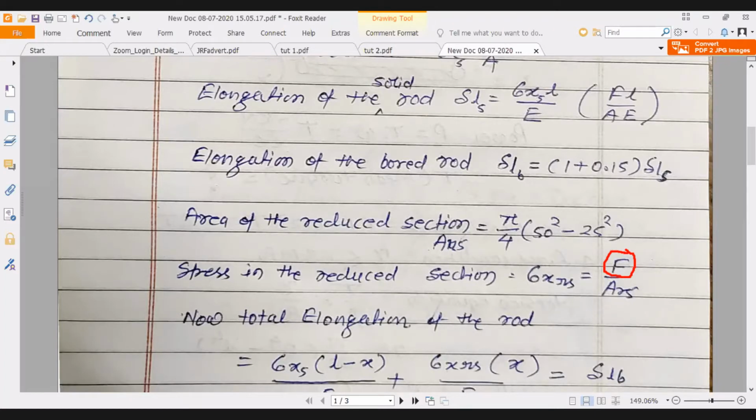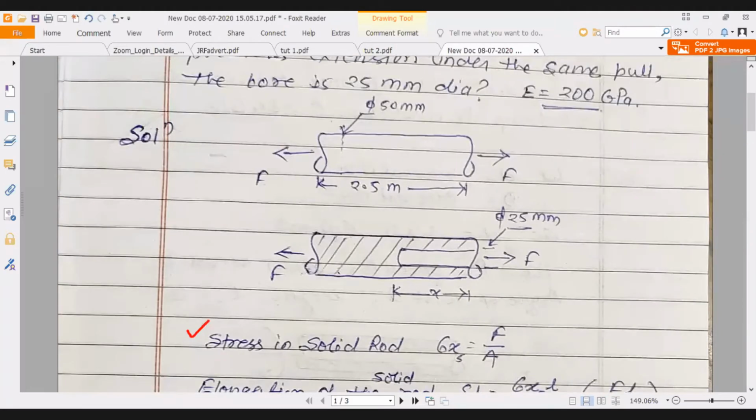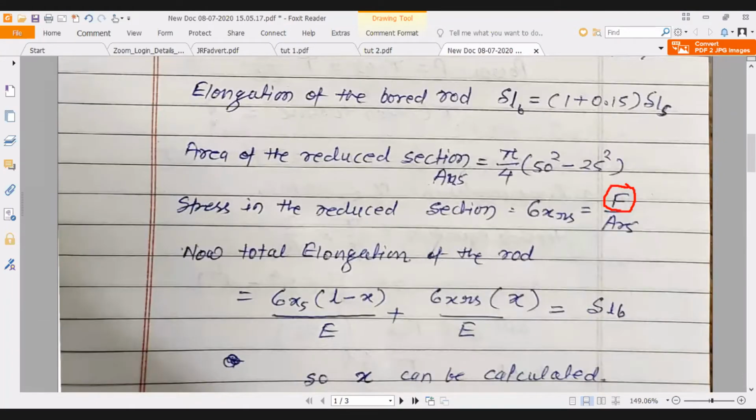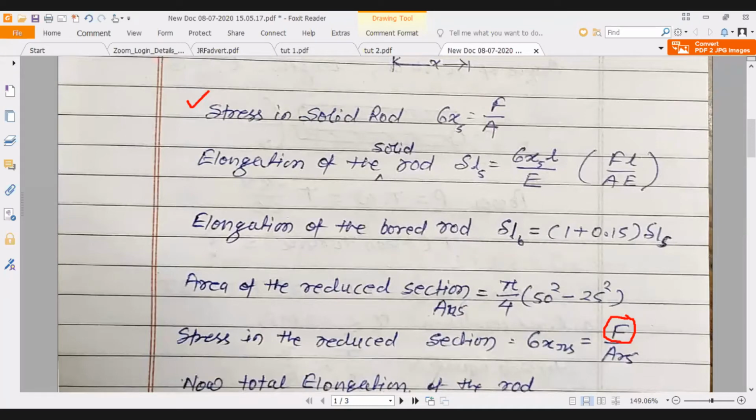Now the total elongation, how will you calculate? We have two sections: one is the solid section and the other is the bored section. Let the length of the bored section be x. Again, we are using the same formula.